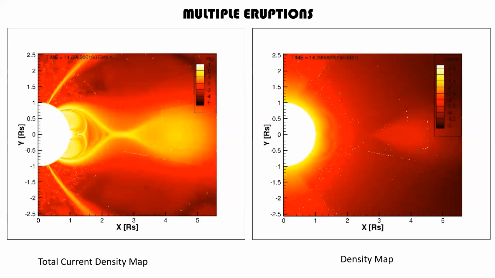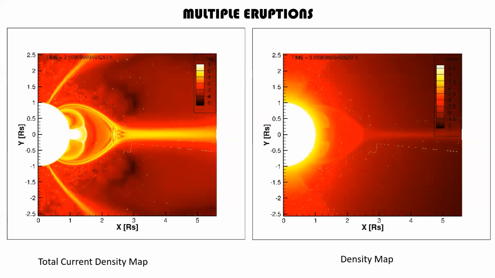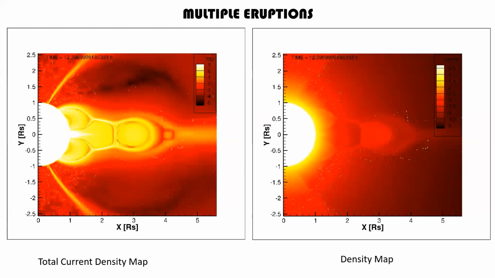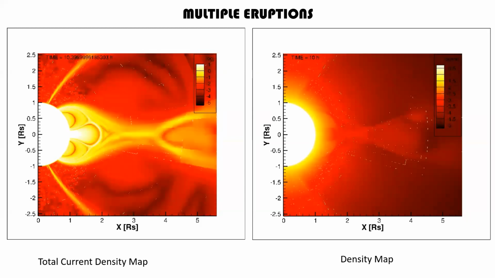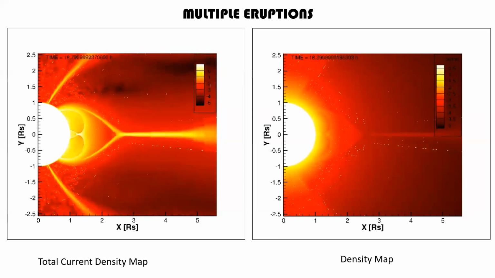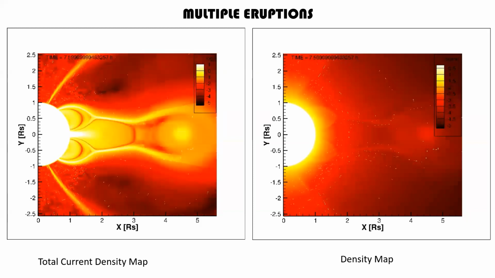Even after one CME has been ejected, the system still has some complexity, and reconnection happens, which results in further plasmoids and further CMEs as well.